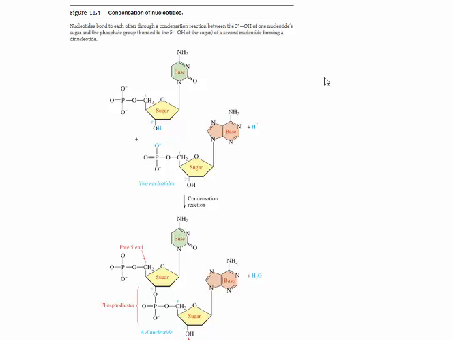Just like the primary structure of a protein is determined by the amino acid sequence, the primary structure of a nucleic acid is determined by the sequence of nucleotides. And nucleotides are going to react through a series of condensation reactions that follow a very specific pattern.